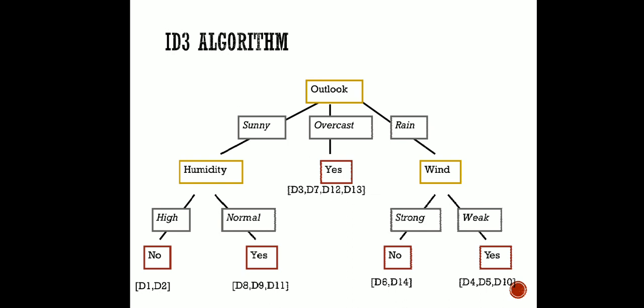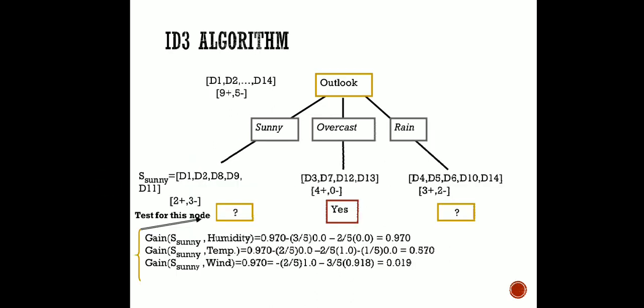Now whenever the humidity is high, look at the dataset: for high the entropy has come to 0, because you can see minus 3 by 5 multiplied by 0 and minus 2 by 5 multiplied by 0.